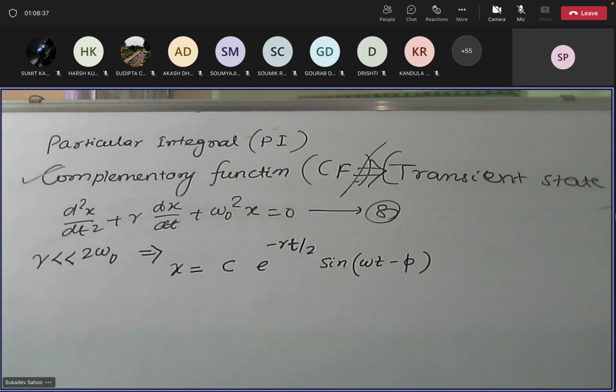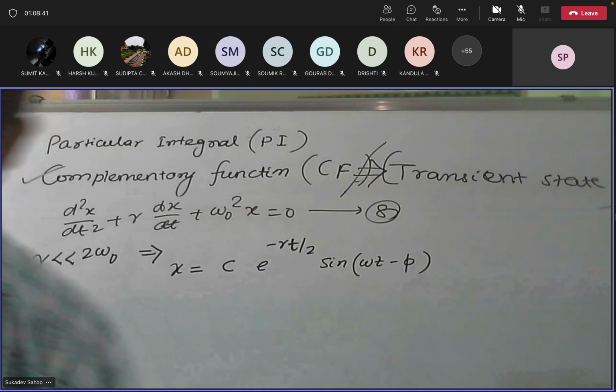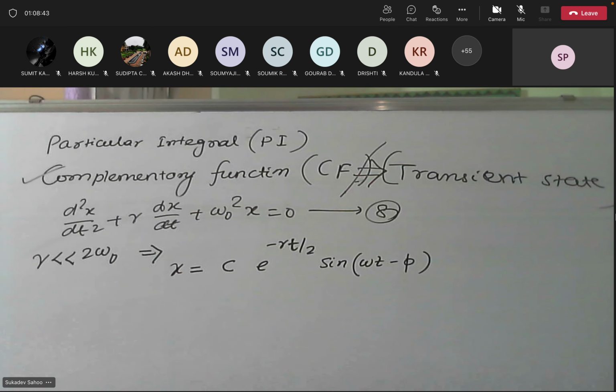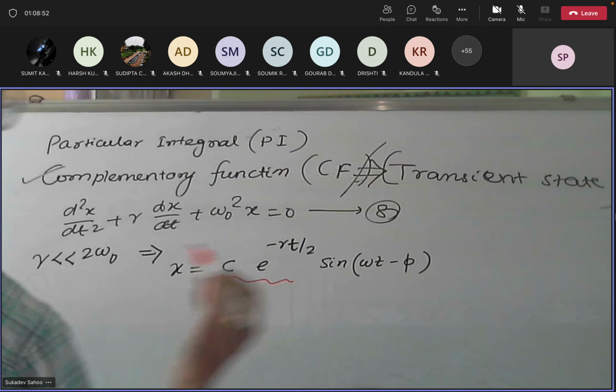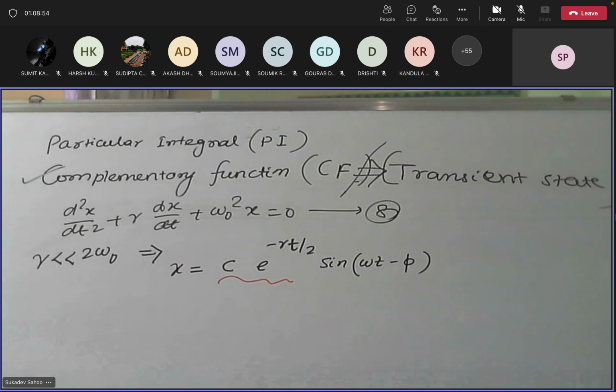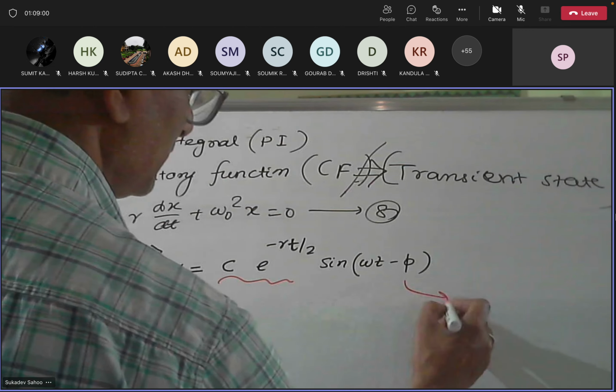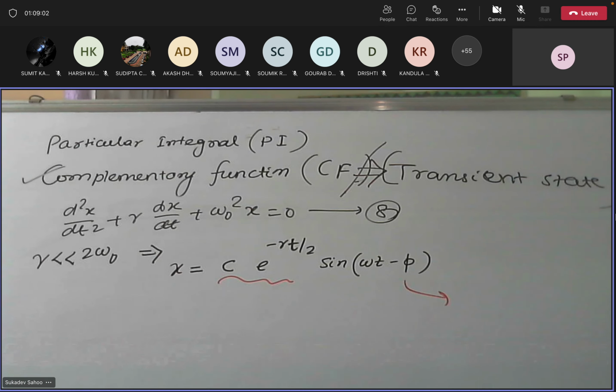C is the constant, where c into e to the power minus gamma t by 2 is the amplitude of motion, which decays with time, and phi is the phase angle.